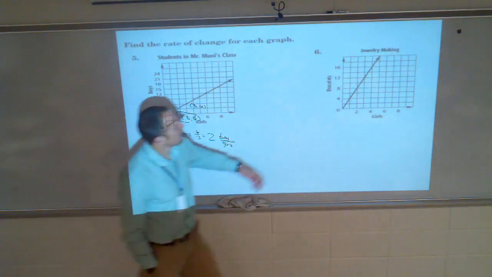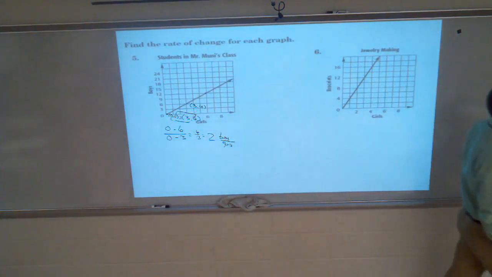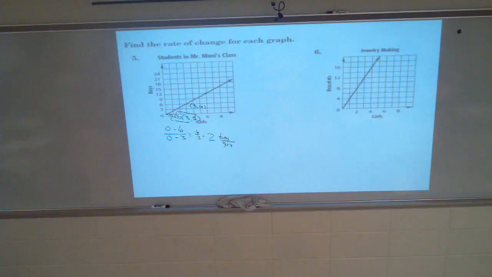So, everybody do number 6. Jewelry making. Remember, first step, find a couple of ordered pairs. Find a couple of ordered pairs on here, and then find your slope.